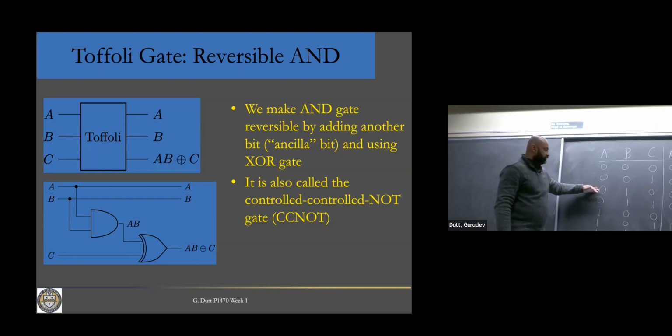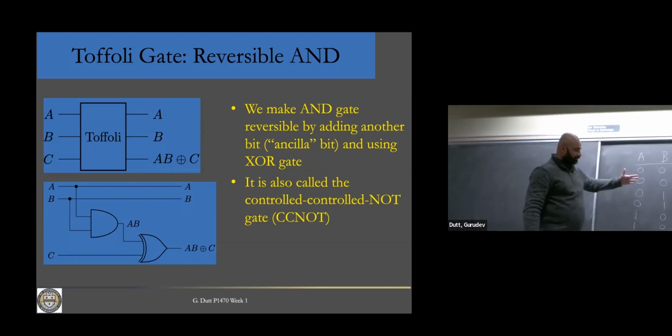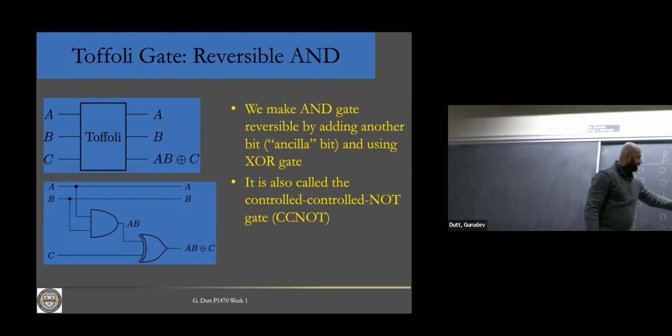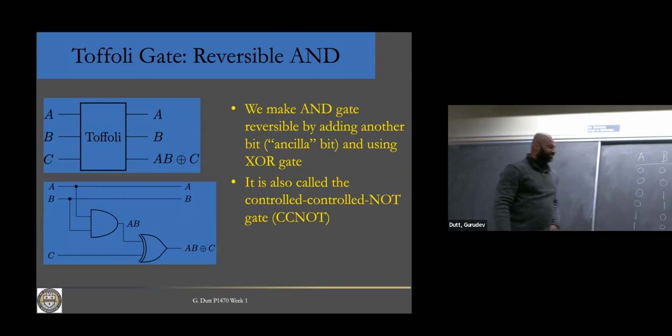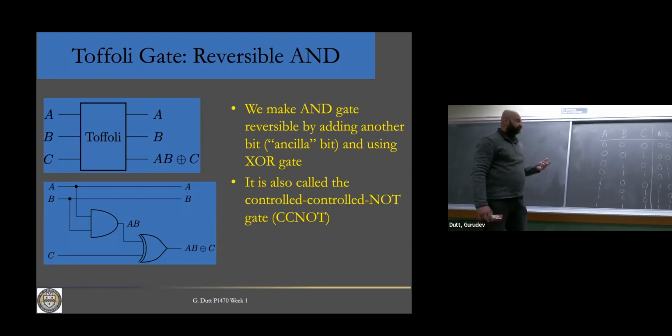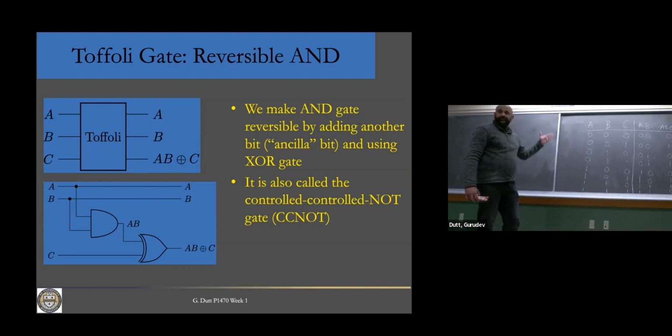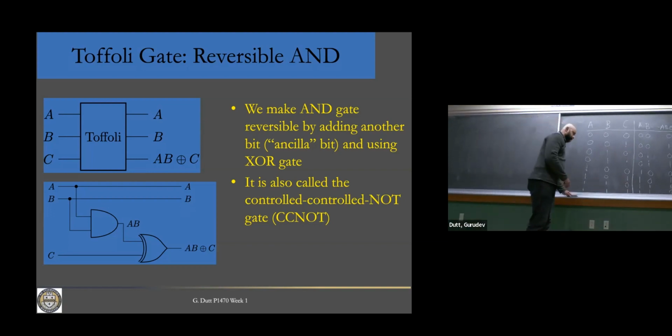Okay, so if I have 0, 1, or equivalently, I can work backwards. All right, so the idea is that I always have a way to return back to the inputs from the outputs. Okay, they are unique in this case. Unlike the AND.